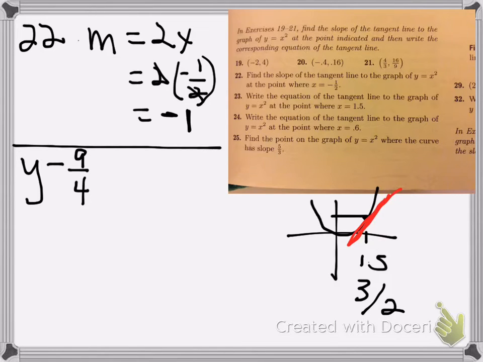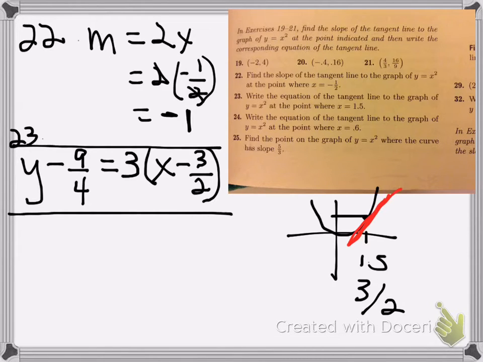So that's going to equal, my slope is going to be 2 times 1.5, or 2 times 3/2, which is going to be 6/2, which is 3. So my slope is a positive 3. And then I'm going to keep it as a fraction just to be consistent. So that would be 23. 23 would have that equation.